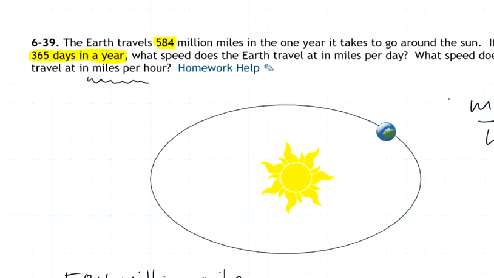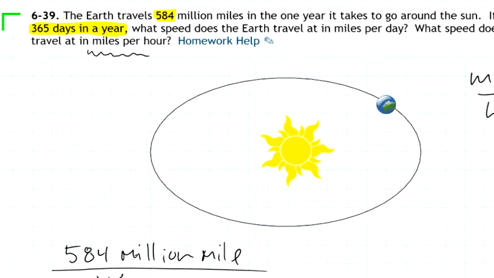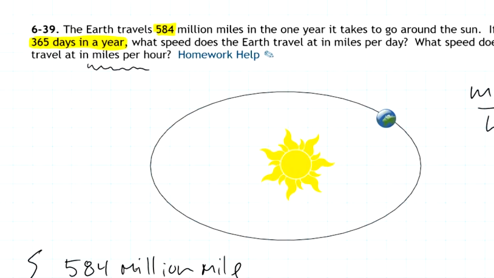Well, like we did last semester, there's some giant ones that we'll use. And in fact, this is one of the ones we'll start with, right? Because this is our situation, right? We've got 584 million miles per 1 year. Now they're telling us to assume that there's 365 days in a year.